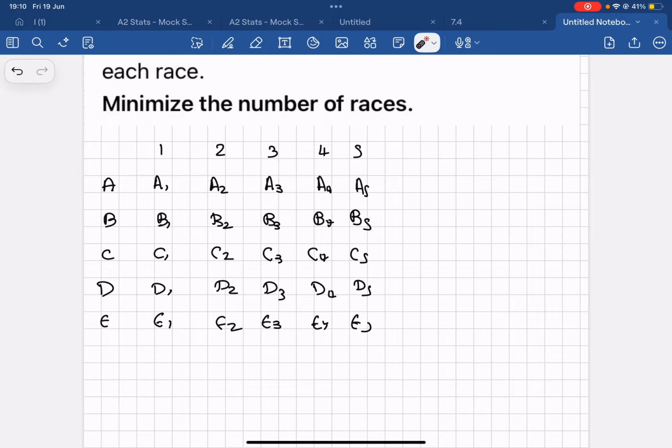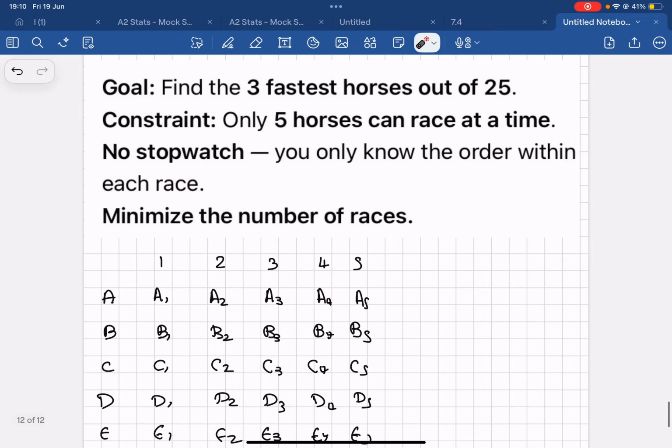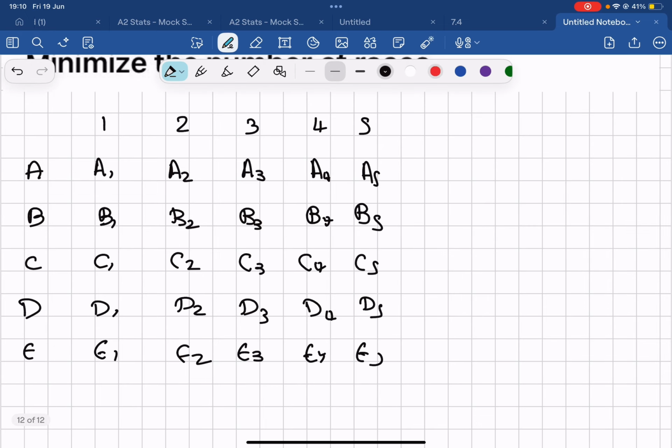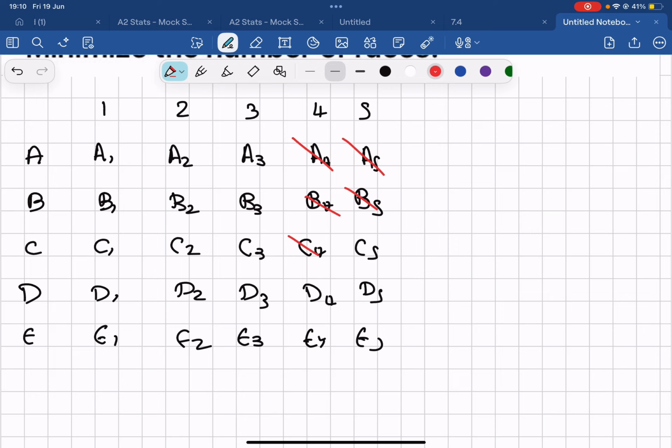Well, now we don't need to compare them to any other horses, because if they're slower than A1, A2, A3, they're definitely not going to be in the top 3 fastest horses, are they? So we can do that. Let's switch to red. A4, A5. And we can do the same for the B horses. B4, B5, C4, C5, D4, D5, E4, E5.